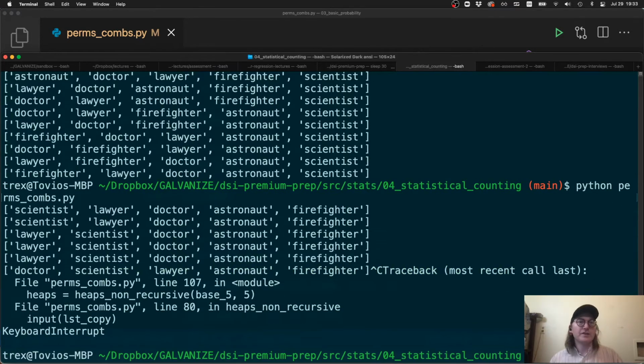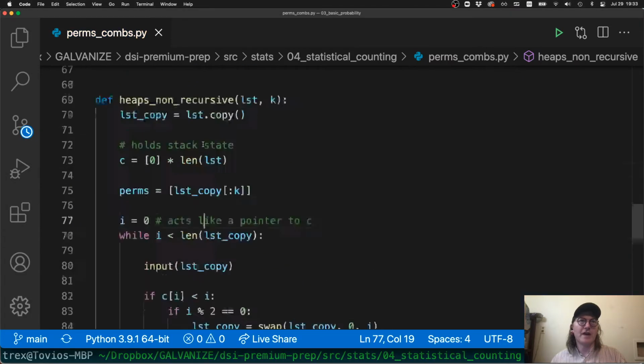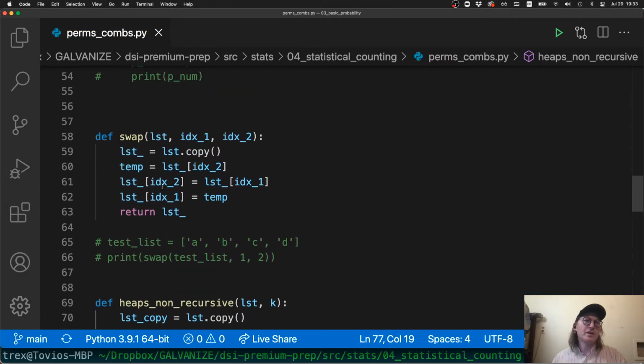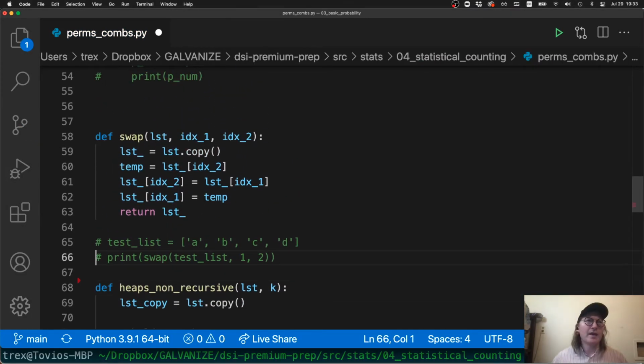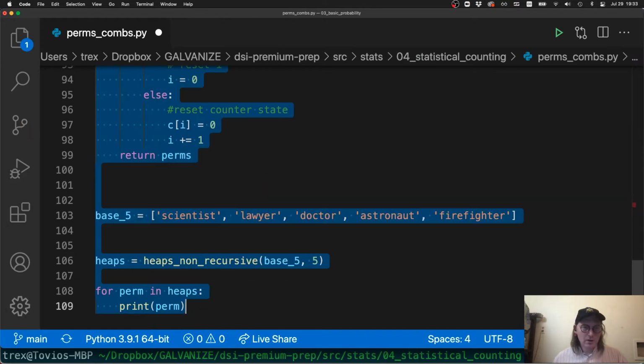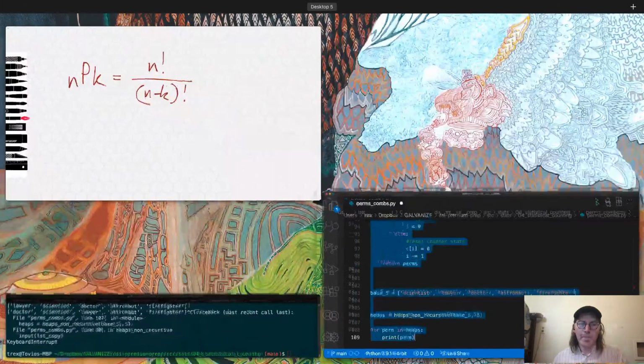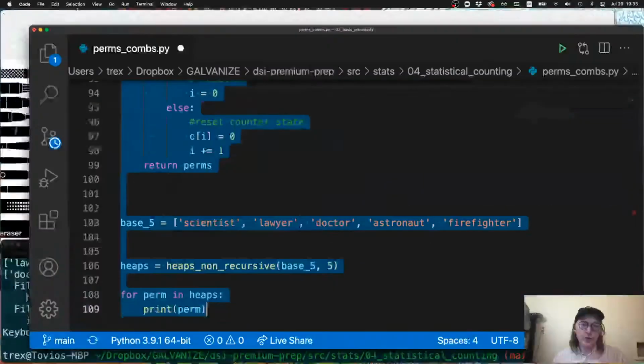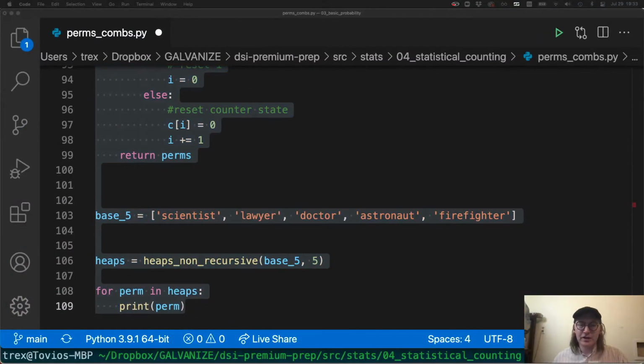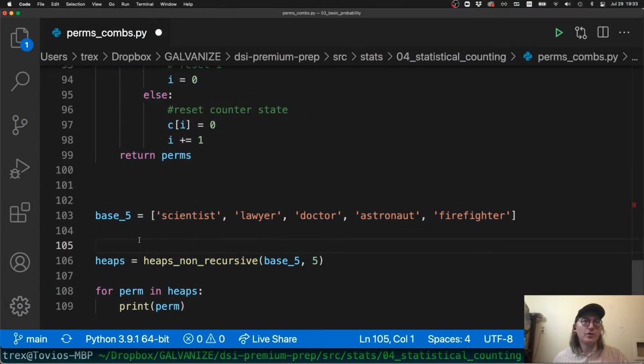So I'm going to stop that there. I think this is one of those algorithms that it's just really cool, and I think it's a good one to study after your technical interview. I don't want to suggest that you should study this before your technical interview, but you will be writing things like this at some point.